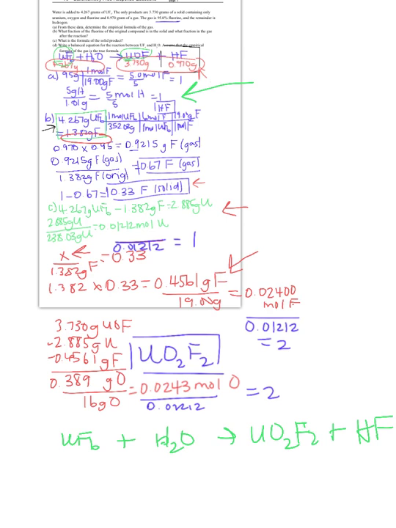Our uraniums look balanced. Our fluorine, I have 2, 3 fluorine. Hydrogens, I have 2 here, 1 there. Oxygen, 2 and 1. So if I put a 2 in front, that's 2 uranium, 2 uranium. That gives me 4 oxygen. I need to put a 2 there. Oh, not a 2, a 4.